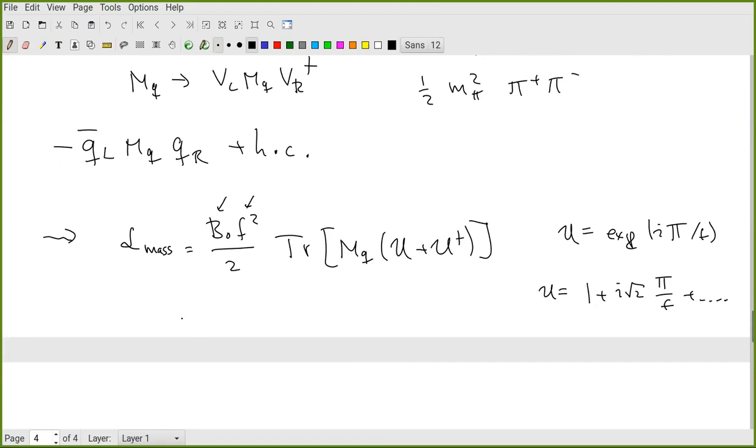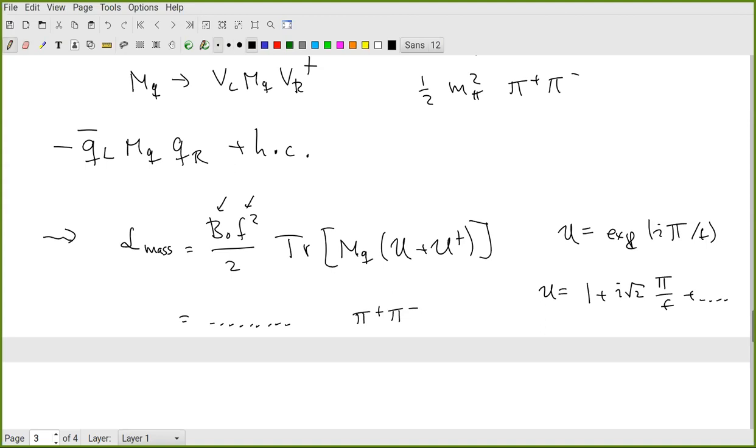This gives an enormously complicated expression, but some of these terms will be bilinear in the pion fields, some number times pi plus pi minus.